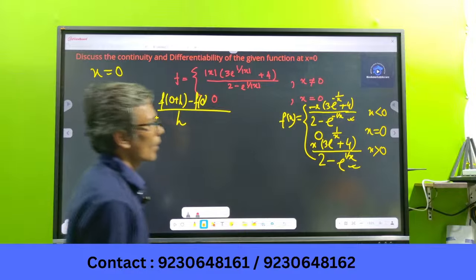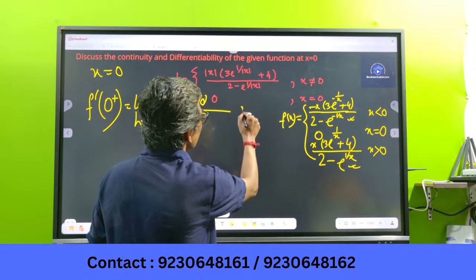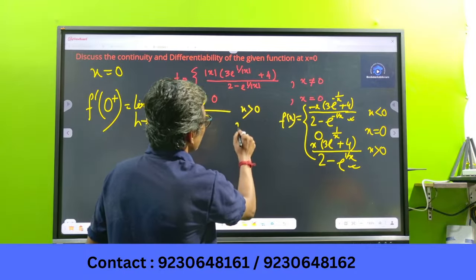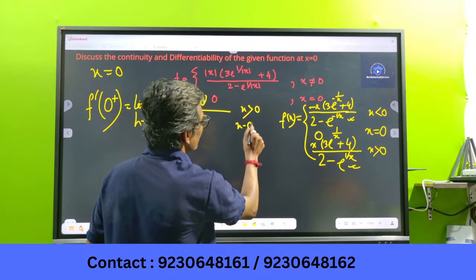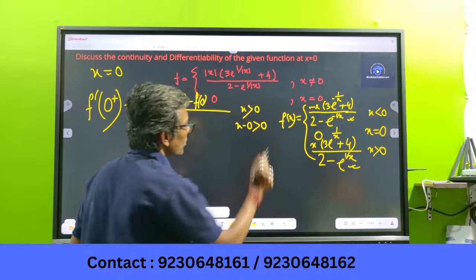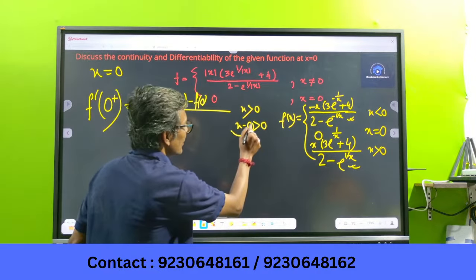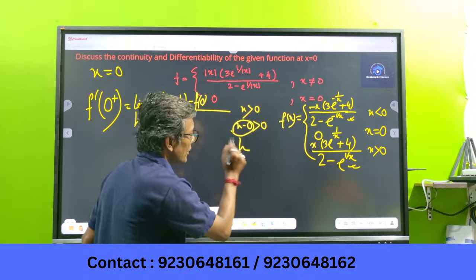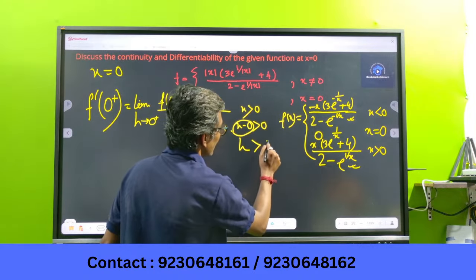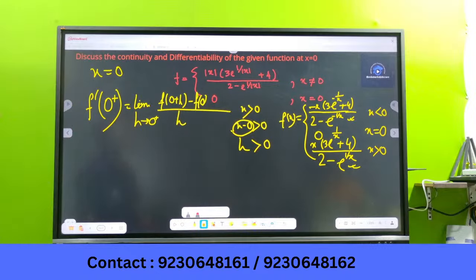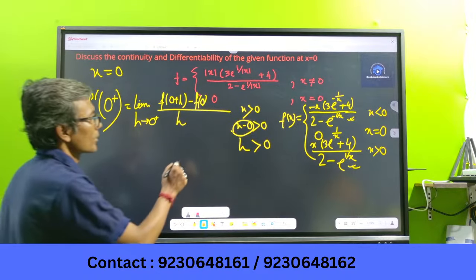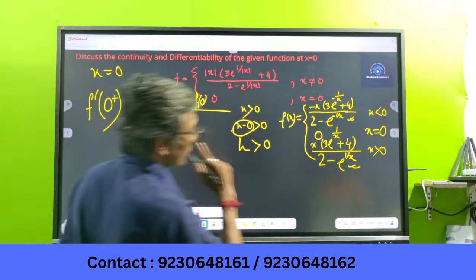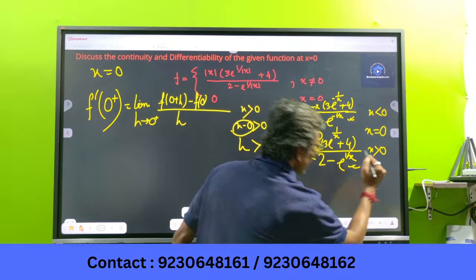So x greater than 0, so x minus 0 greater than 0. So this is assumed as small h. So the function will be taken in this case, this one.